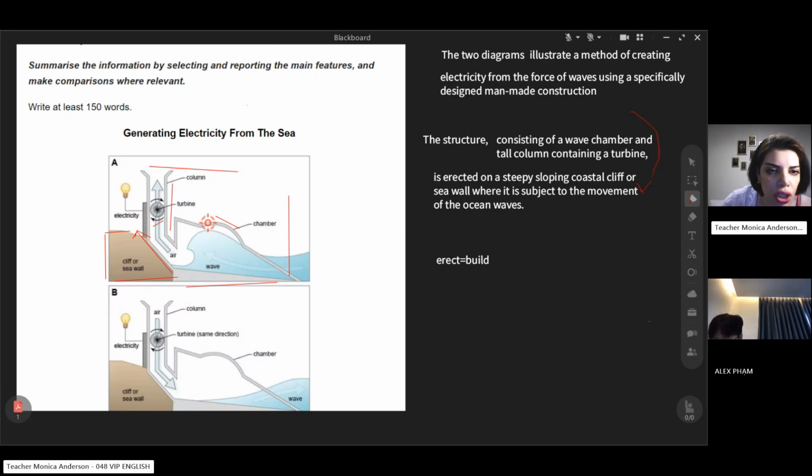Because of course this is the ocean, this is the beach, so this area is a coastal area. And where it's subject to the movement of the ocean waves. So this is my overview, okay?